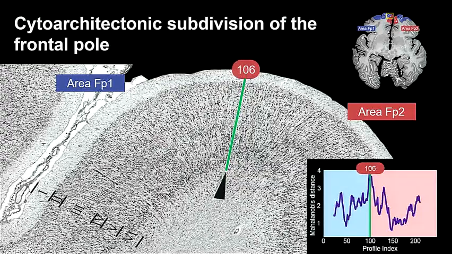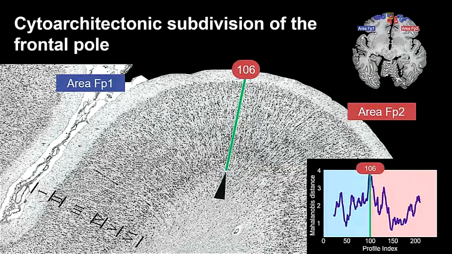This difference in the cytoarchitecture can be measured using statistical methods and image analysis, and we can identify peaks where the cytoarchitecture changes significantly, and these peaks match our visual inspection and our observation under the microscope.